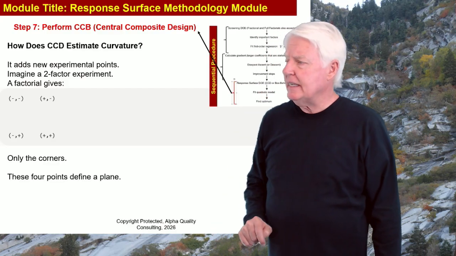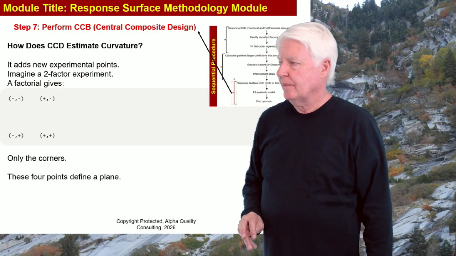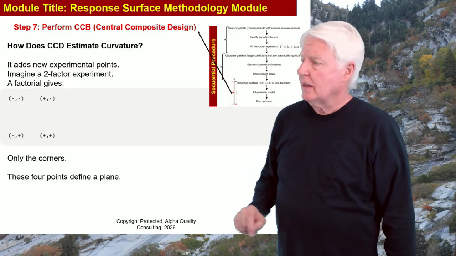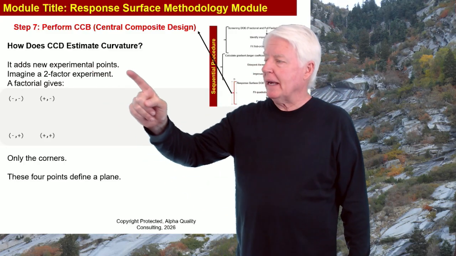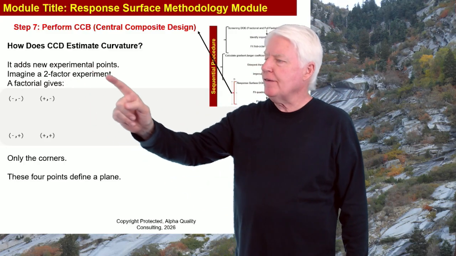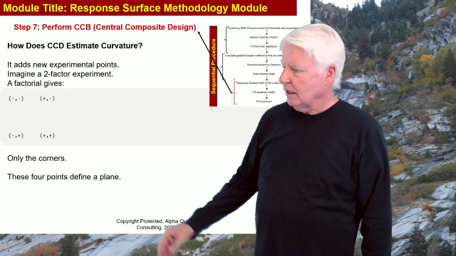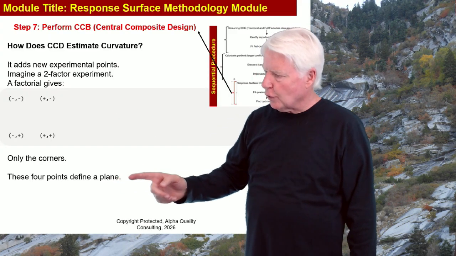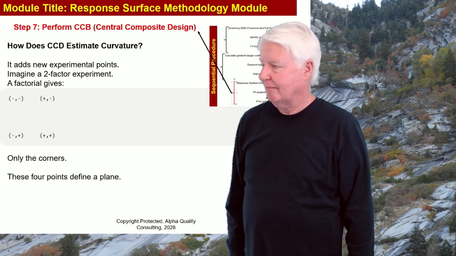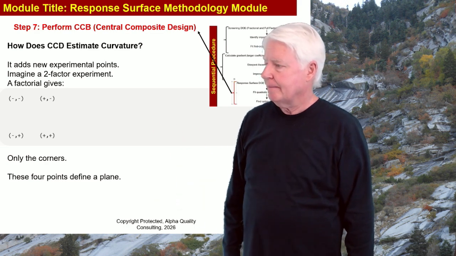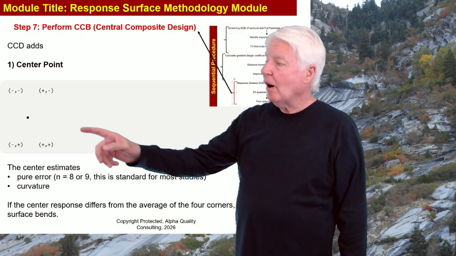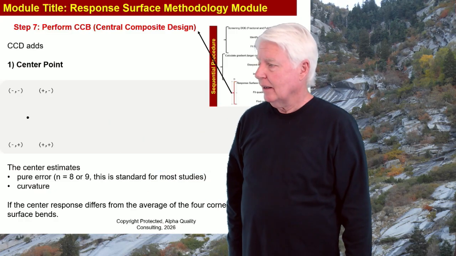How does CCD estimate curvature? It's a good question. It adds new experimental points. Imagine a two-factor experiment. It looks like a flat plane there. Only the corners: these 4 points define what? A plane. That's all it can give you. Now, you put a center point in.